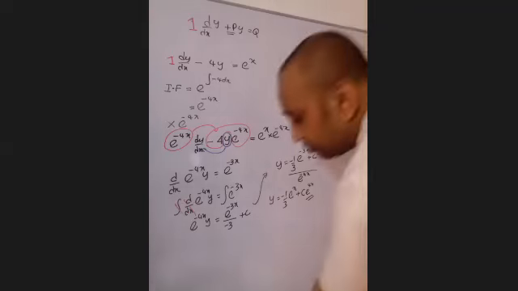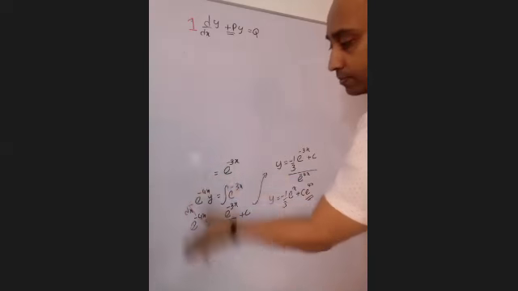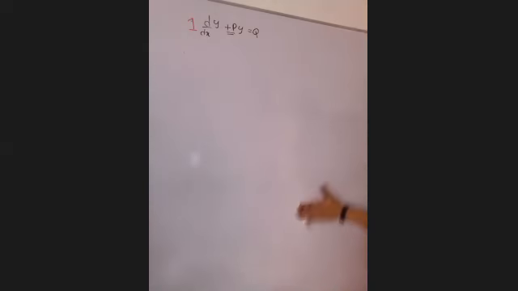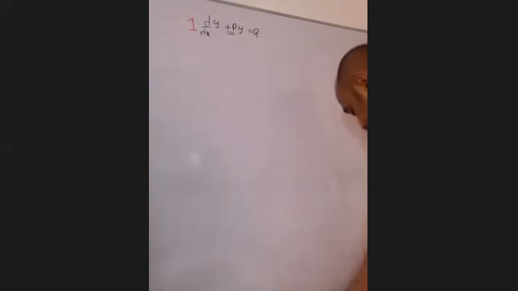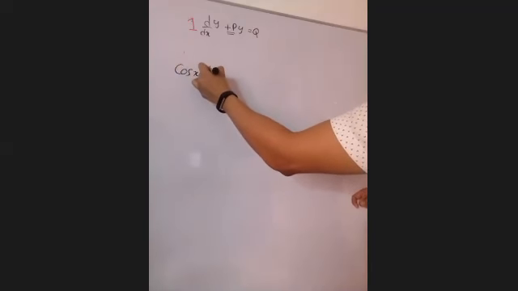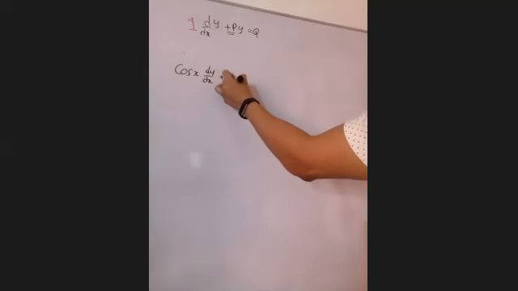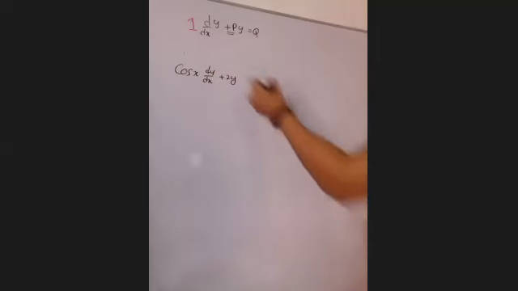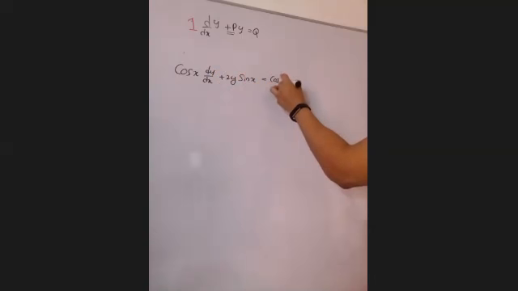Okay, let's move to the next question. It's like this: cos x dy by dx plus 2y sin x equals cos to the power 4 x.